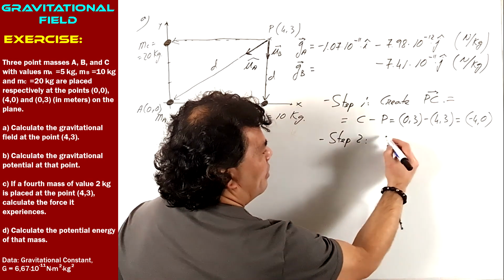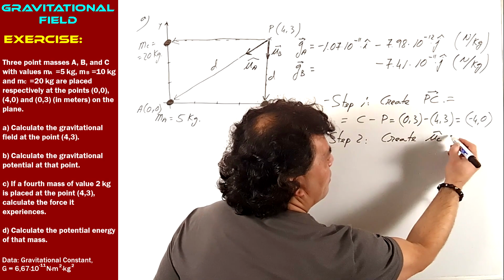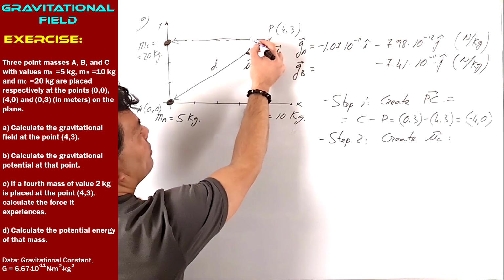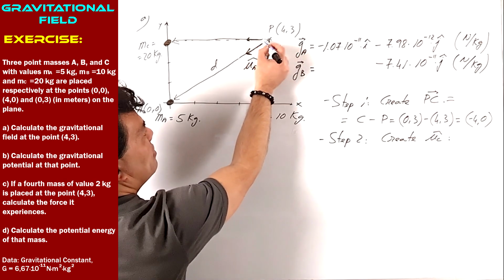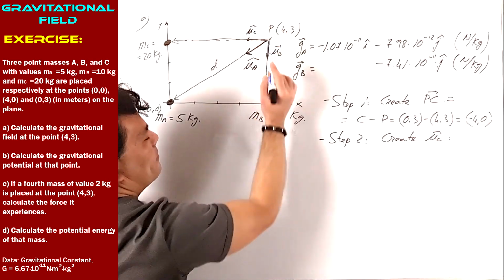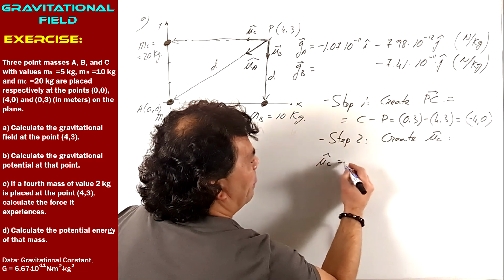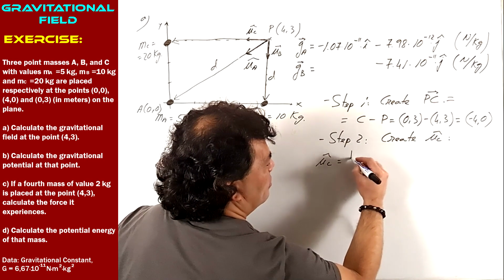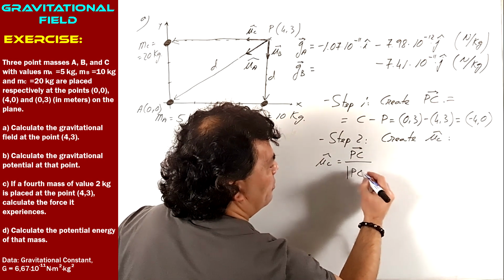Step 2, let's create the unit vector pointing towards point C. This little vector has the same direction and orientation as PC, but with modulus 1, U sub C. We create it from vector PC, divided as always by its modulus.